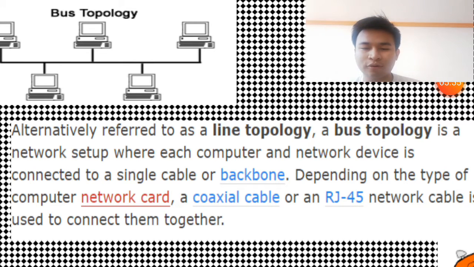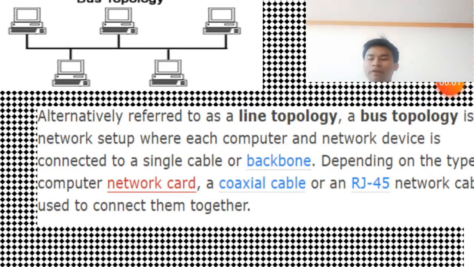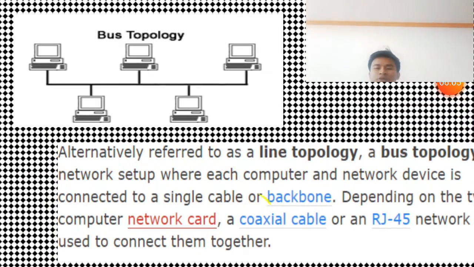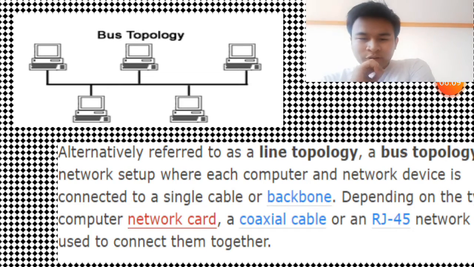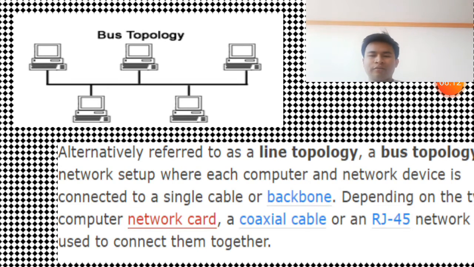Depending on the type of computer network card, a coaxial cable or an RJ45 network cable is used to connect them together. They are connected at the back of the computer using a coaxial cable or RJ45.